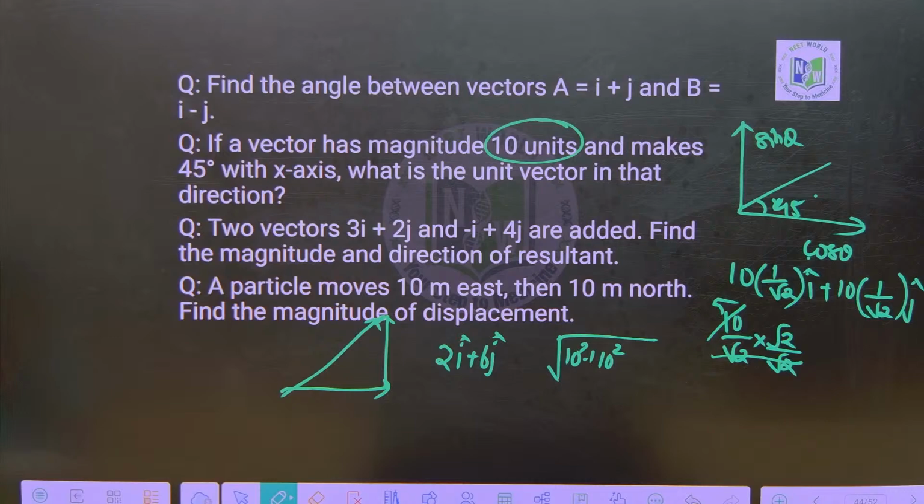Fourth one, magnitude of displacement. I am asking for the fourth one. Root of a square plus b square plus 2ab cos theta. Cos 90 is 0, so the total term will become 0. 100 plus 100, 200.